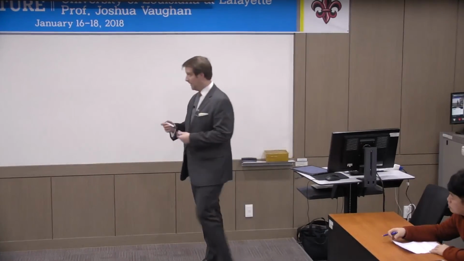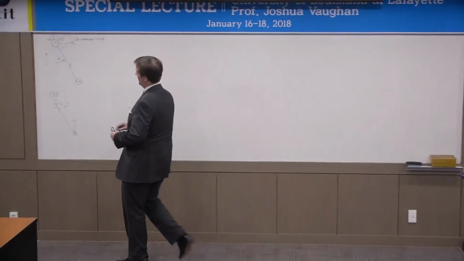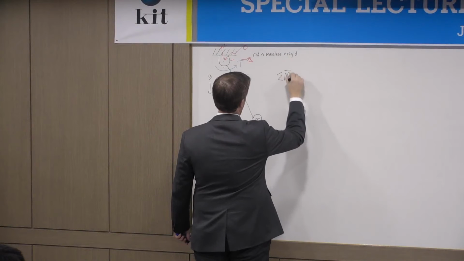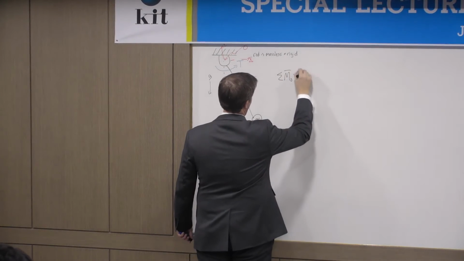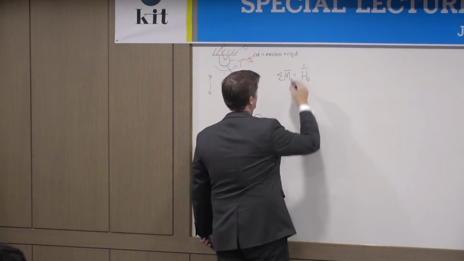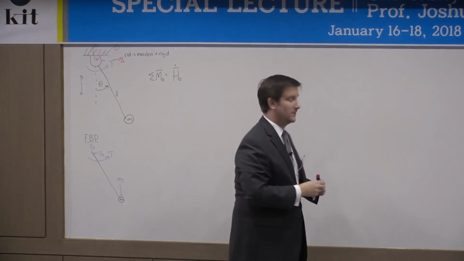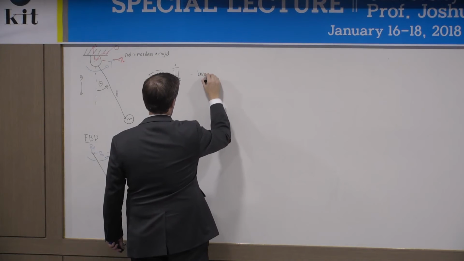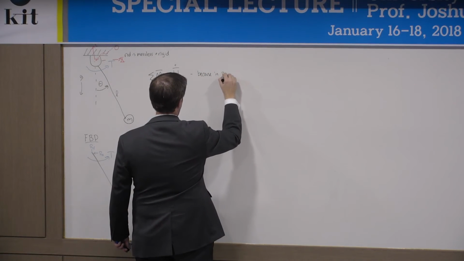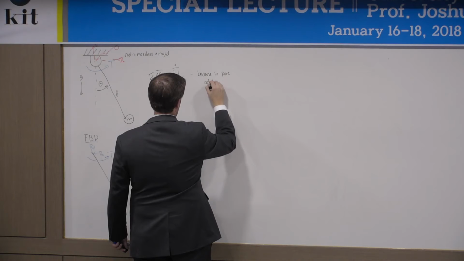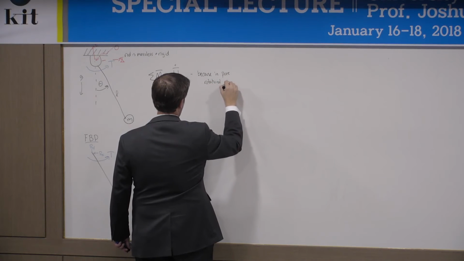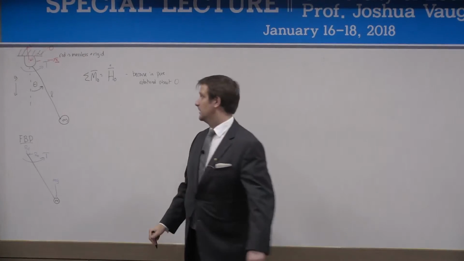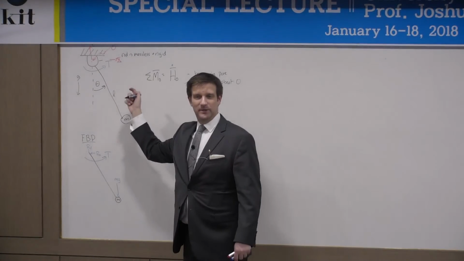So we can say, and we know it's in pure rotation about O, we could say that, since it's in pure rotation. Okay. So let's look at the sum of the moments about O part of this equation first.